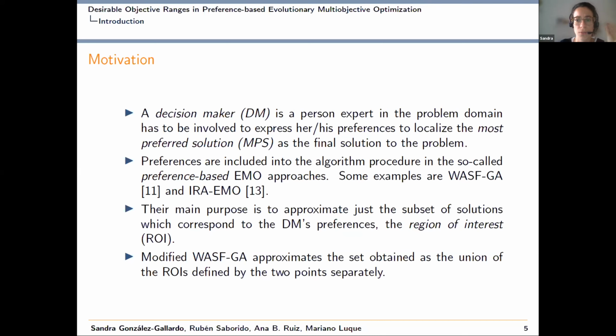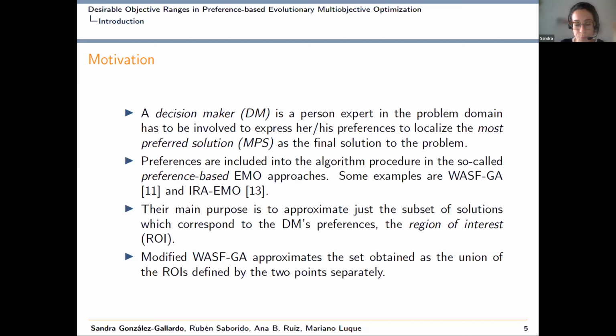Some examples of these approaches are WASF-GA and IRA-EMO. The main purpose of this type of algorithms is to approximate just the set of solutions which correspond to the decision maker preferences. This set of solutions is called the region of interest.